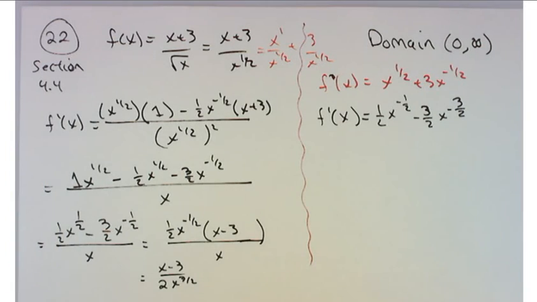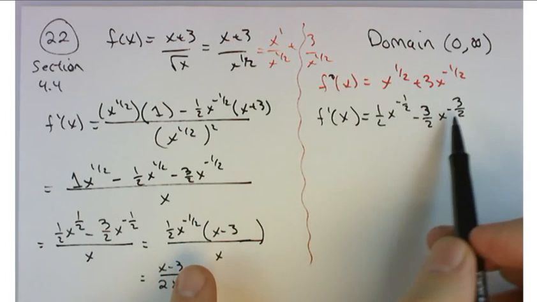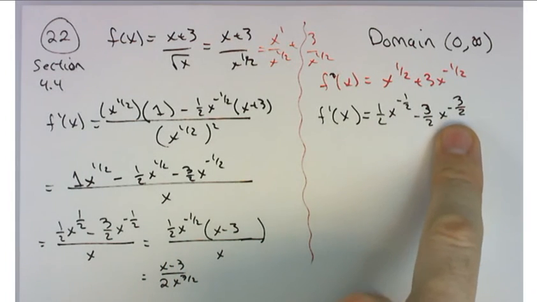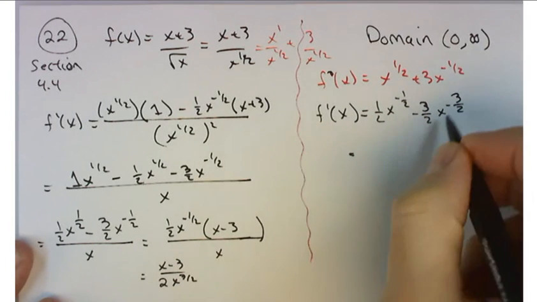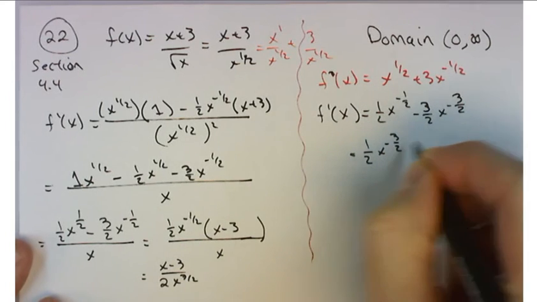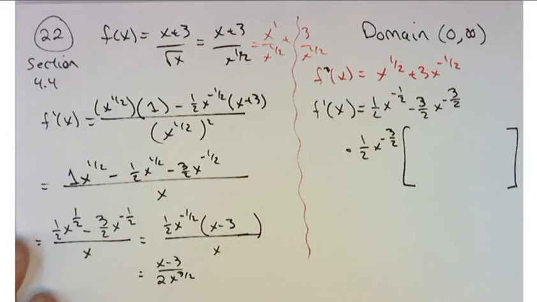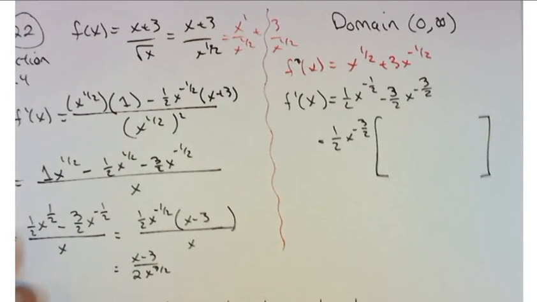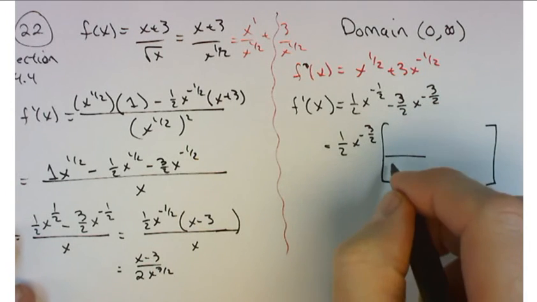Now what? Well, kind of like our previous work here, you're going to factor out the greatest common factor, and you're going to include the smallest negative exponent. So that would be a 1/2 and x to the negative 3/2. Now, as a reminder, when you factor something out like this, each of these terms get divided by that factor.